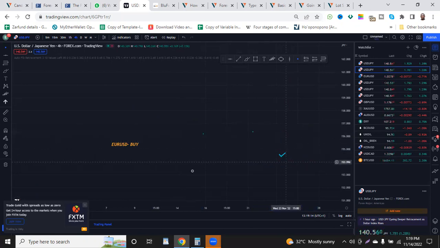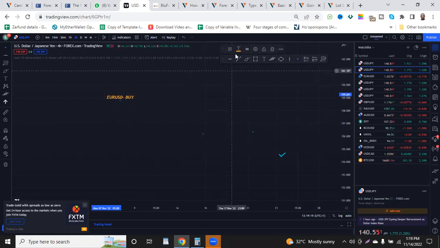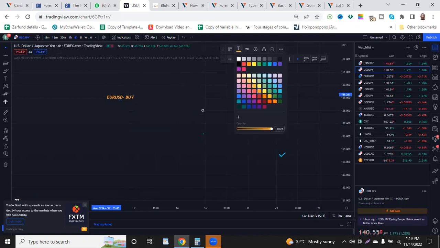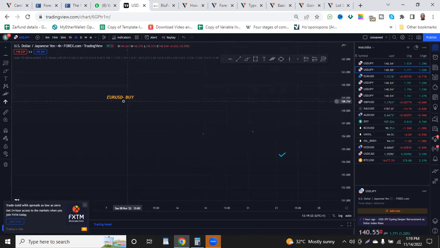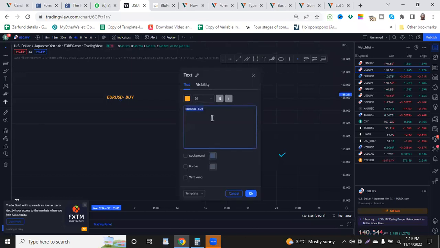Lot size and leverage. So what's lot size and leverage? Leverage is the ability to power up your trading capital.